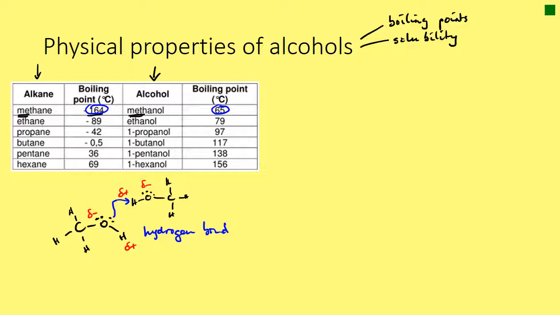Because in the alkanes they're not polar, there's no hydrogen bonding, and therefore less energy is required to separate those alkane molecules than is required to separate the alcohol molecules. Okay, so that's hydrogen bonding in alcohols, explaining the boiling points.